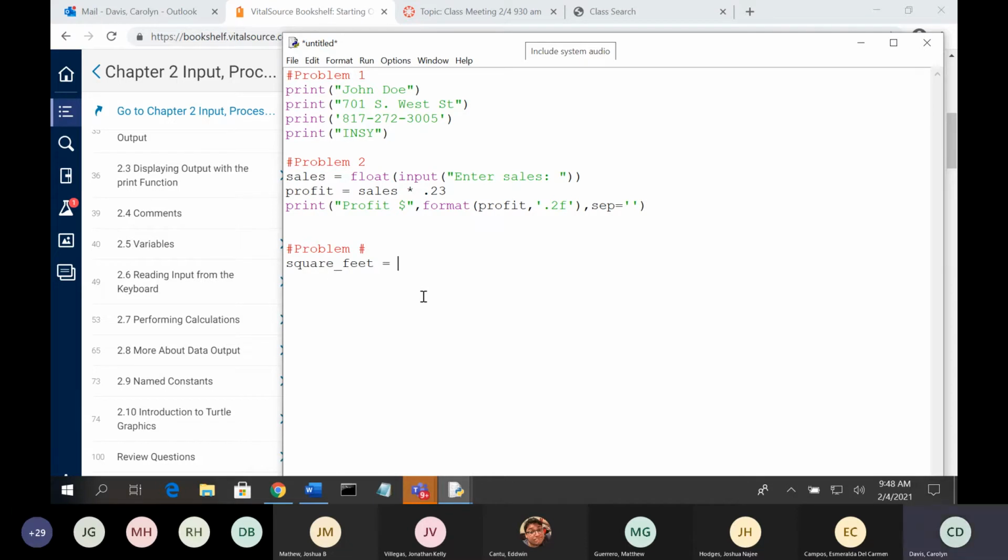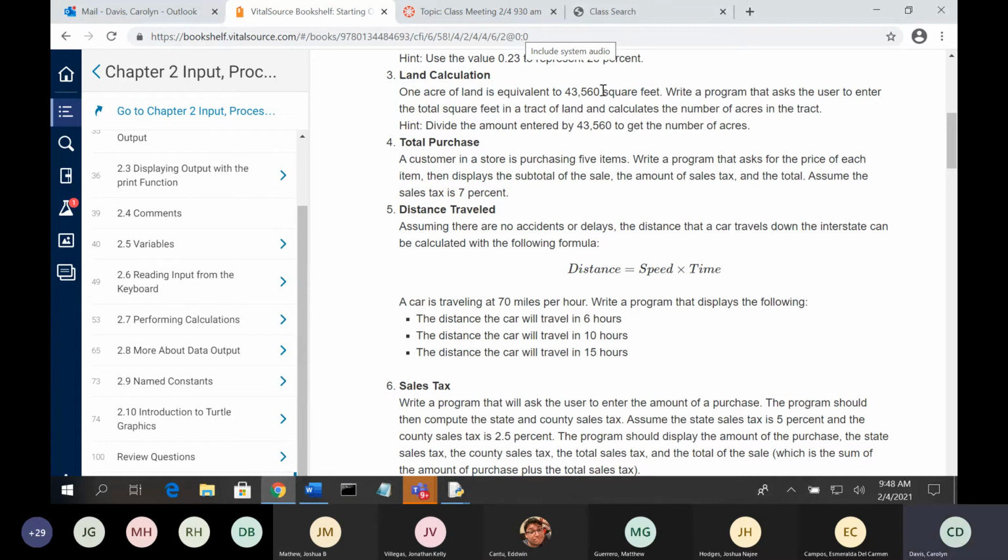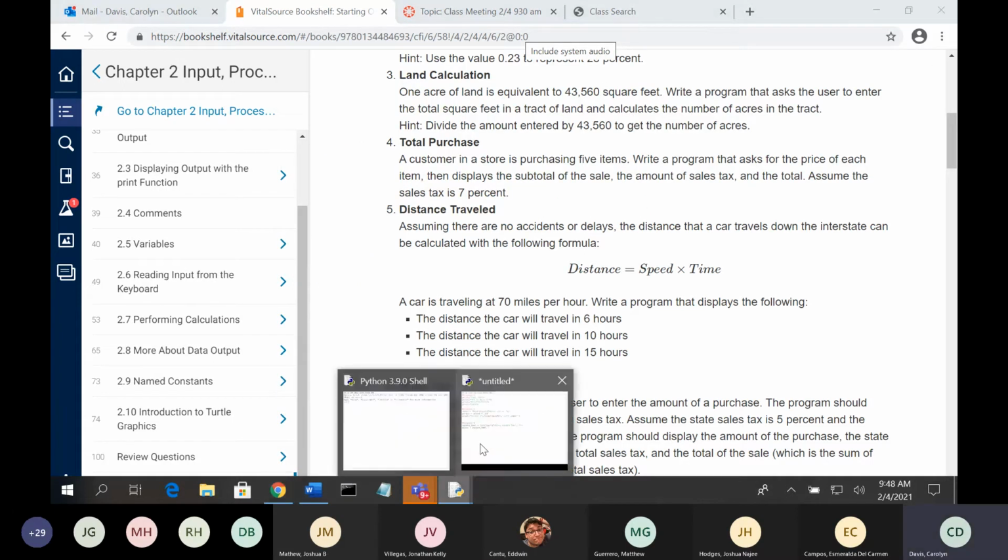And he doesn't really specify, so I'll just use integers. That number is 43560.